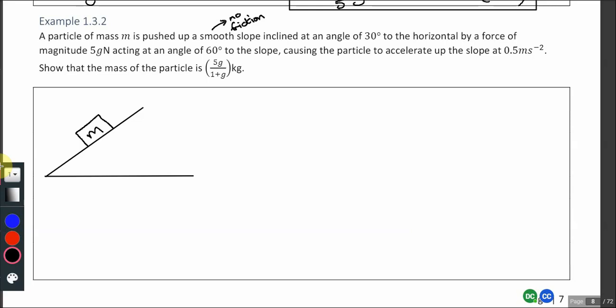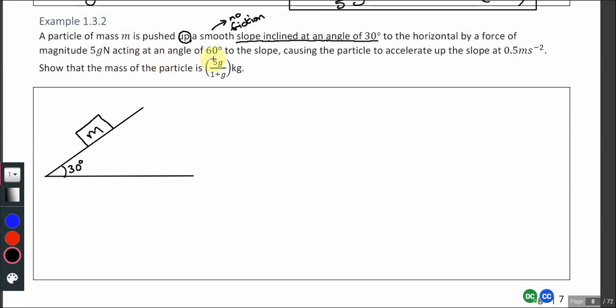And the slope is inclined at an angle of 30 degrees to the horizontal. So there's 30 degrees on my diagram. The particle is being pushed up by a force of magnitude 5g newtons acting at an angle of 60 degrees to the slope.